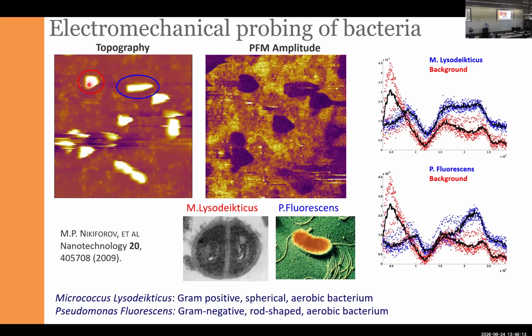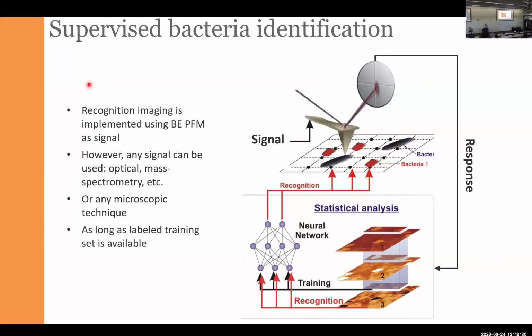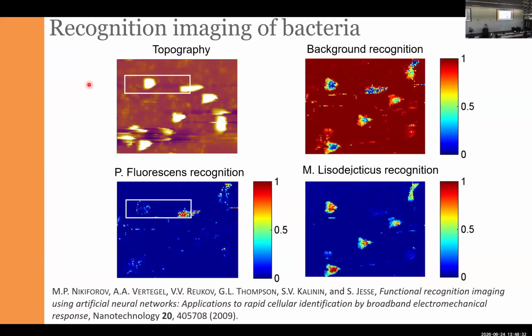But the question becomes, can we recognize the objects based on spectra rather than shape? The answer is that yes, we can. We can basically train the neural network based on the spectra using our known segmentation result as labels. And once we do that, we can apply it to the whole original data set.